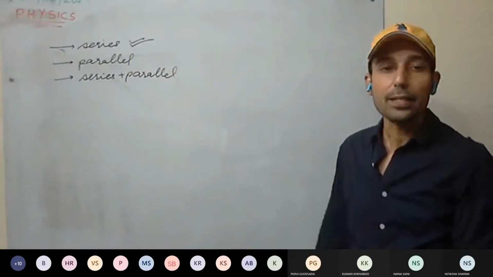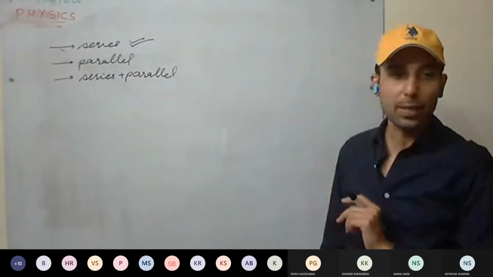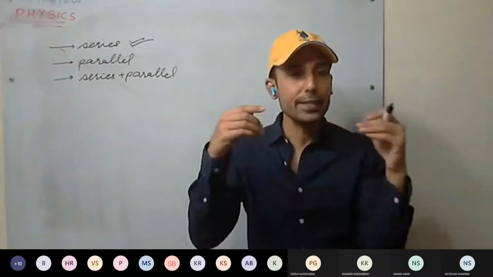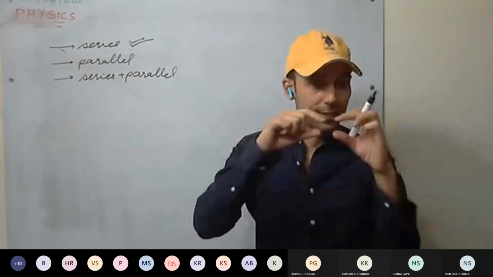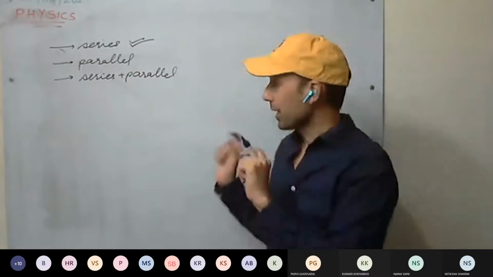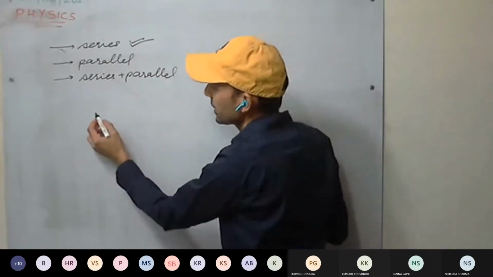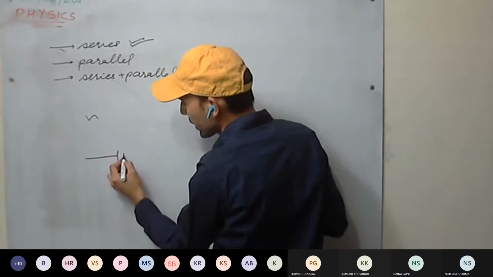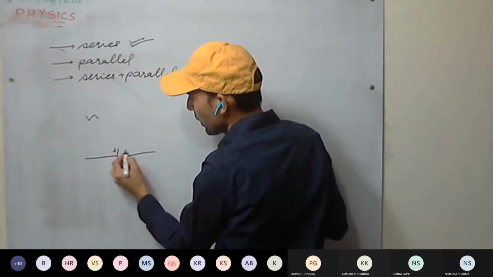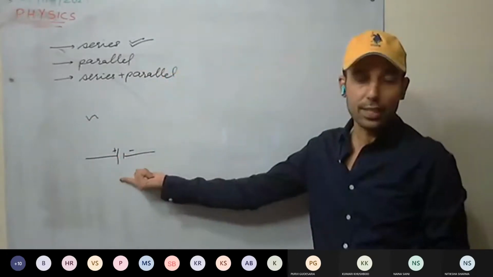One example I give you: a battery is the series combination of cells. And here, we are adding resistances in series. So, for example, this is our circuit. This is plus, this is minus, this is one cell.